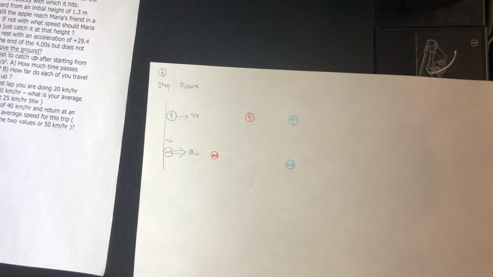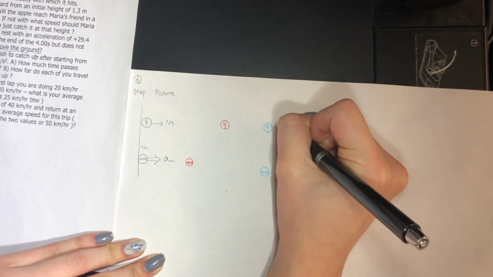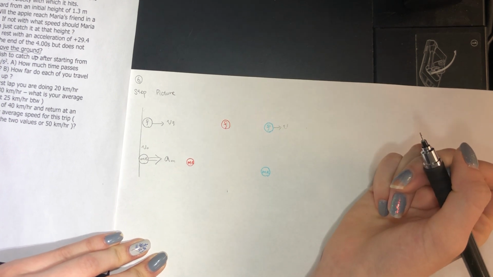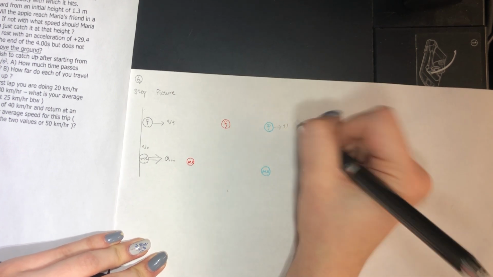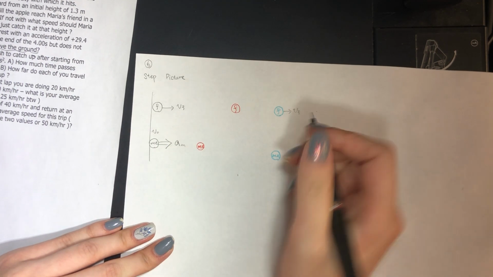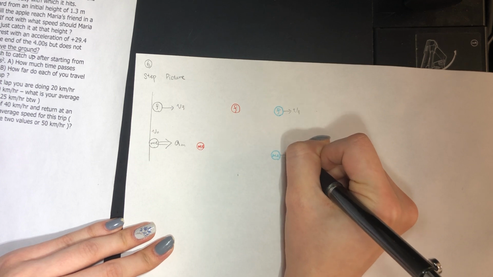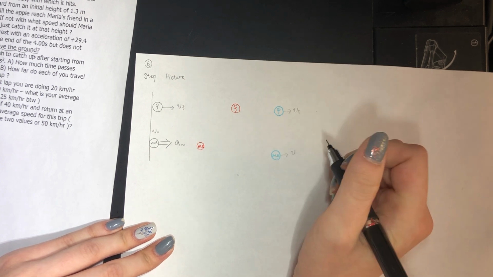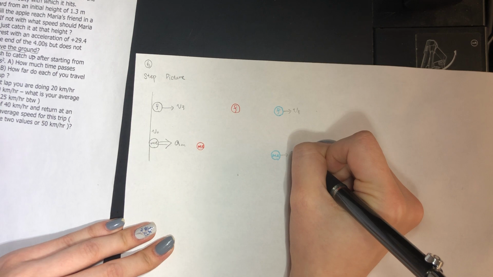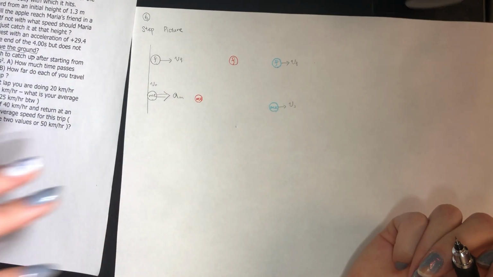What is our friend's velocity right here? It's the same. They're not accelerating. Velocity is constant. We start with V0, and we now will have a velocity. I don't know what to call that. V2? Let's just call it V2.